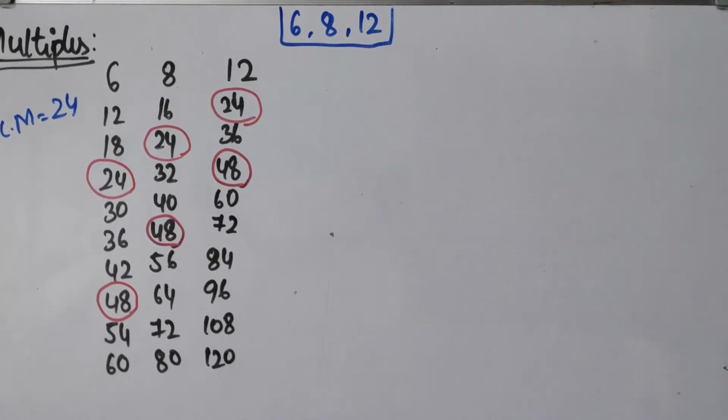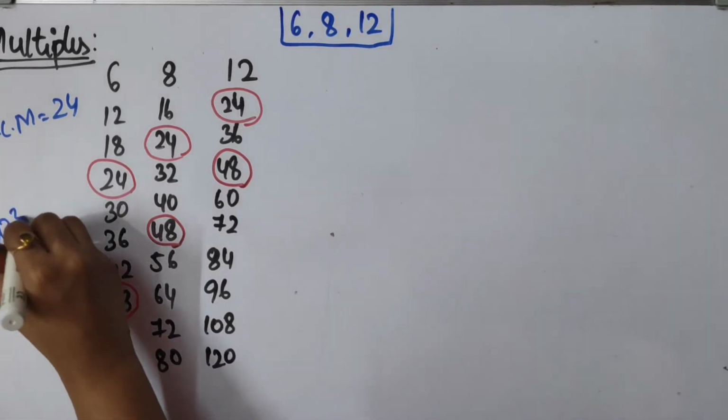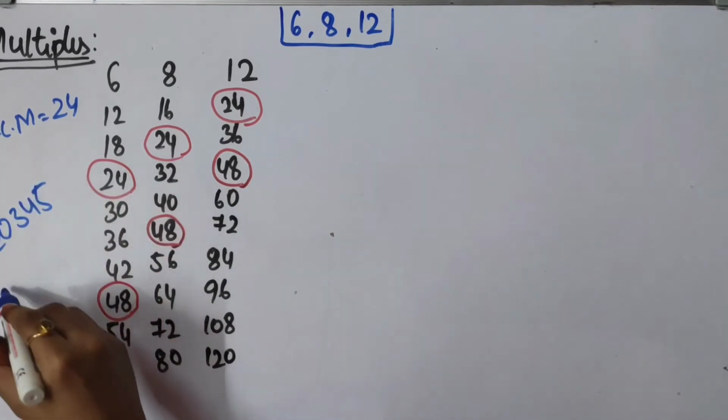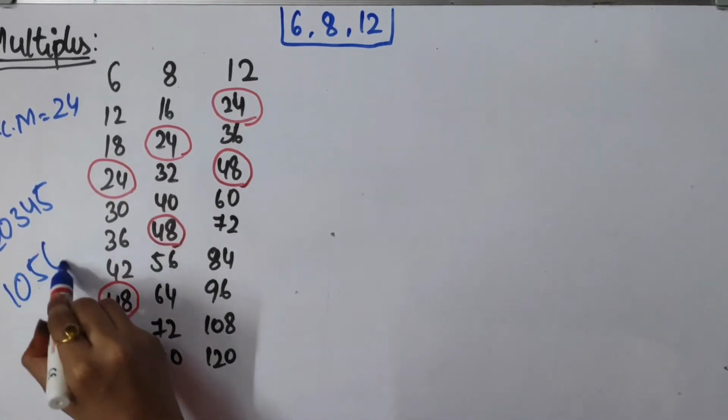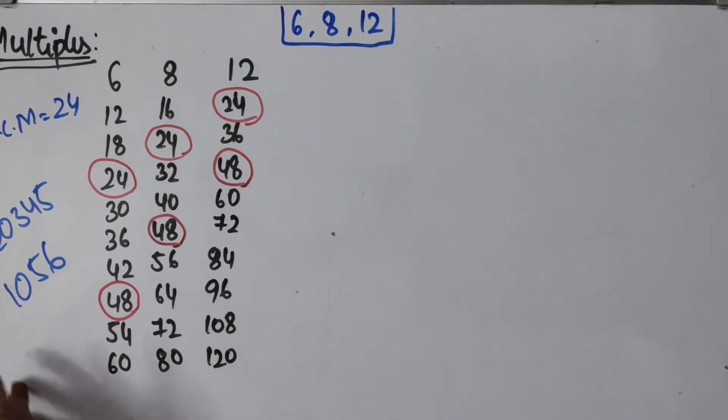Well, this method is very easy, but when we get numbers like 20345 and 1056, we cannot write multiples for all these numbers. We cannot write tables and figure out what are the common ones and then compute LCM.